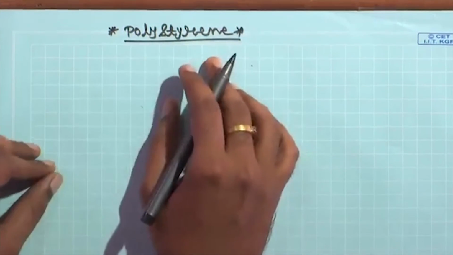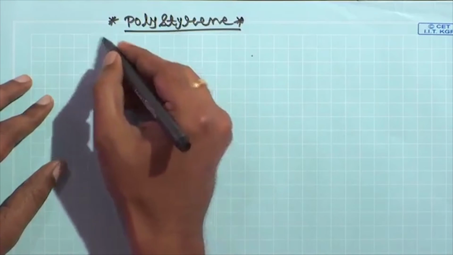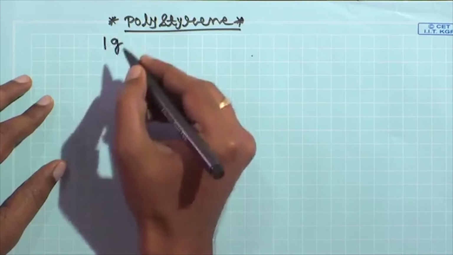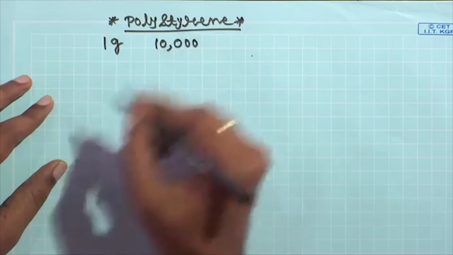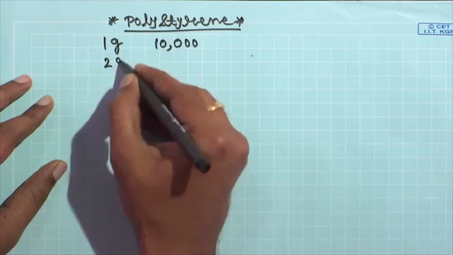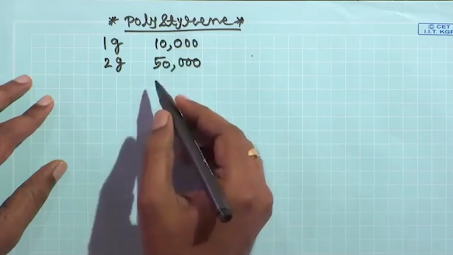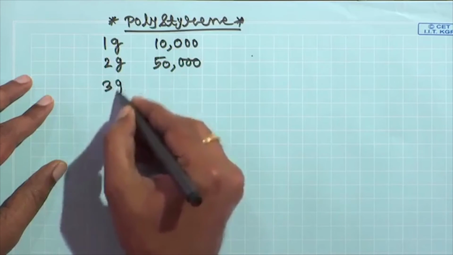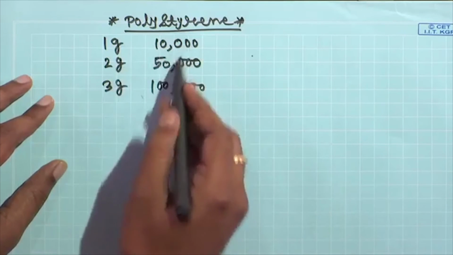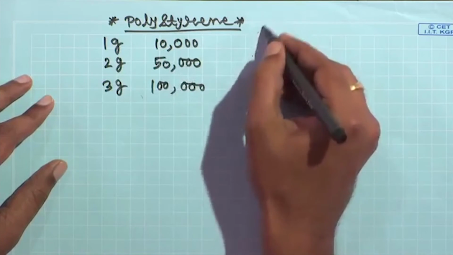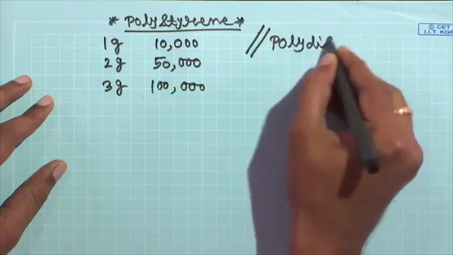Suppose you have a polystyrene sample composed of 1 gram of polystyrene which has molecular weight of 10,000, 2 grams of polystyrene which has molecular weight of 50,000, and 3 grams of polystyrene which has molecular weight of 100,000. Now, these are not exact molecular weights, of course. There is something called polydispersity.